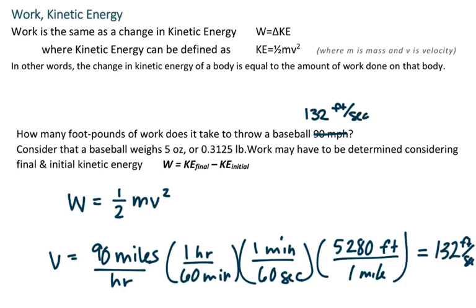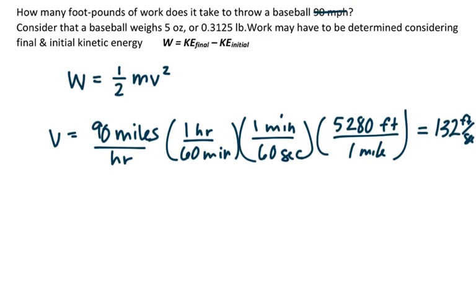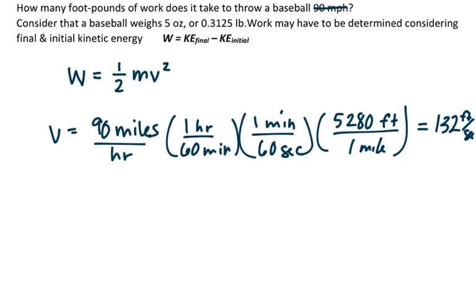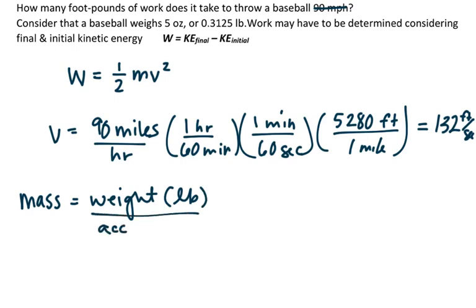And we know the weight of this object, this baseball, but we need its mass. And so the mass is going to equal the weight in pounds divided by the acceleration due to gravity.